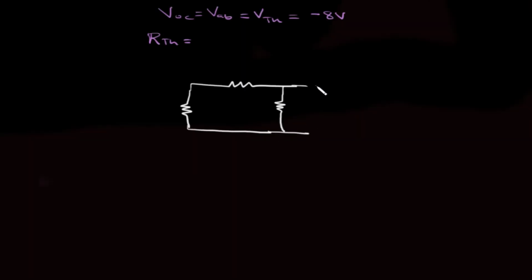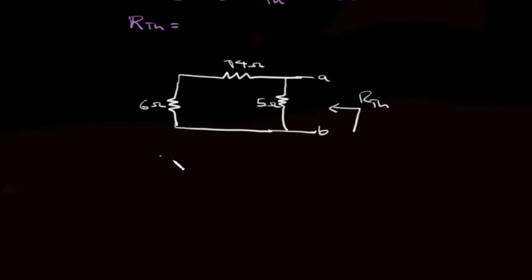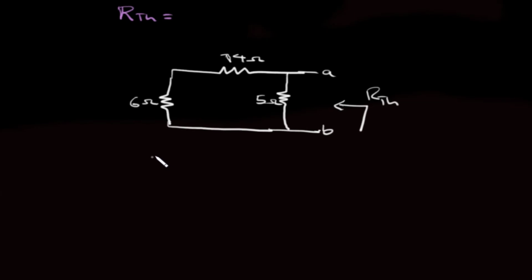Here we have A, we have B, and we need to calculate the total or equivalent resistance, which is the Thevenin resistance. This one is 6 ohm, this one is 14 ohm, and this one is 5 ohm. From the diagram, you can see that the total resistance will be 6 ohm in series with 14 ohm, and all of them in parallel with 5 ohm.